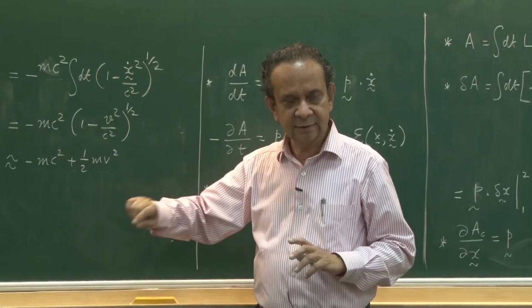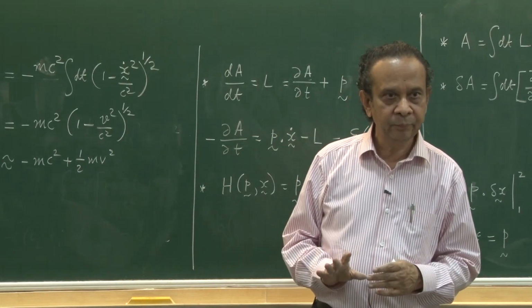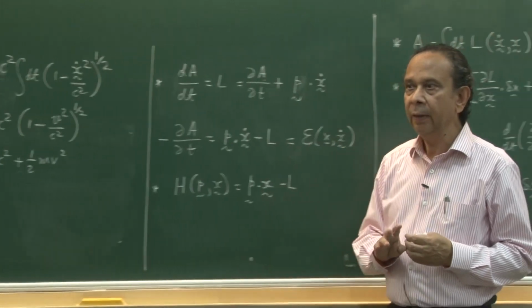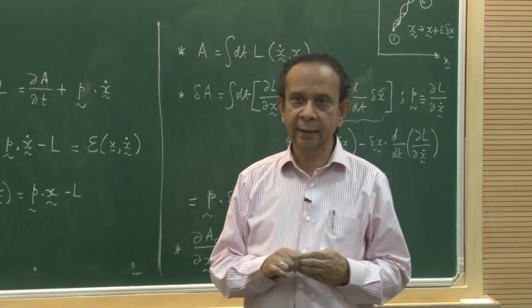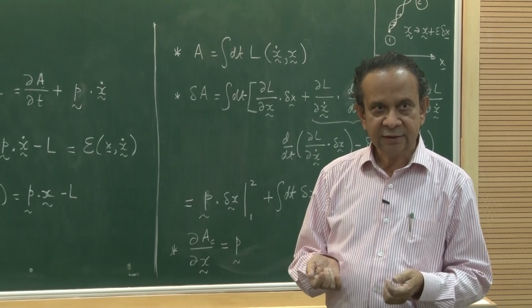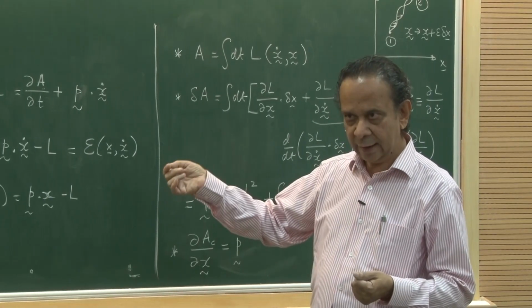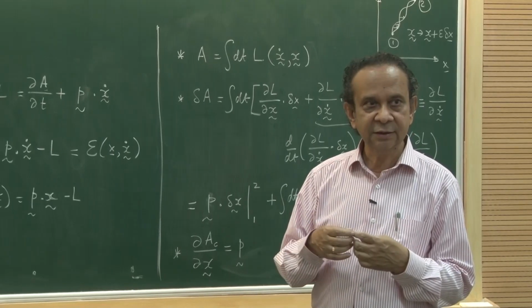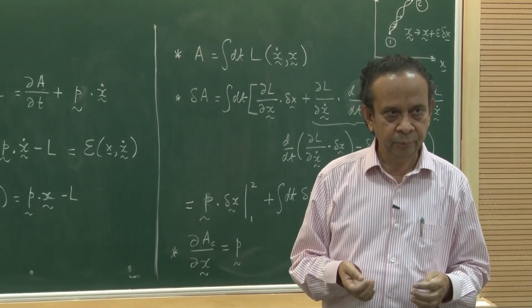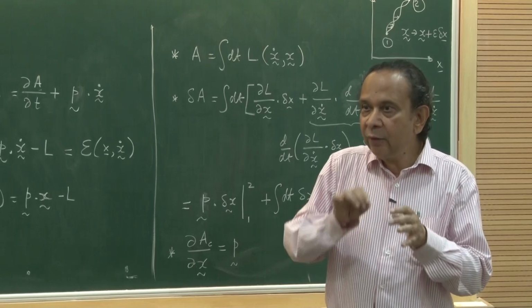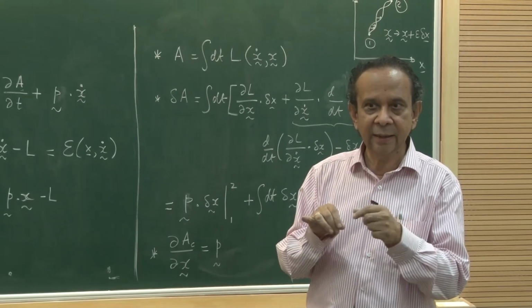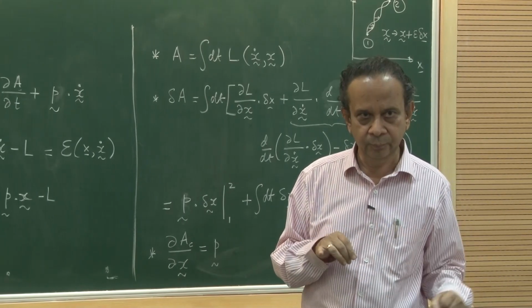So, this function simply does not have that limit, and in fact, it is a general theorem that you cannot write down any Lagrangian which depends on c, such that when c goes to infinity, it gives you half m v square, and also it is consistent with special relativity. So, that statement that you can get non-relativistic mechanics by an approximation is not true.